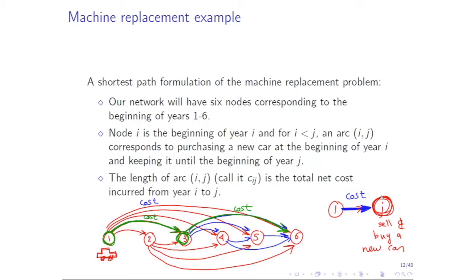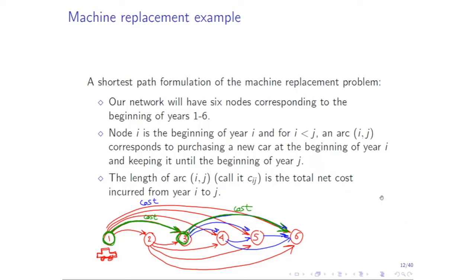So in this graph, if I find the shortest path from 1 to 6, I've actually found the minimum cost plan to maintain a car for 5 years, right?